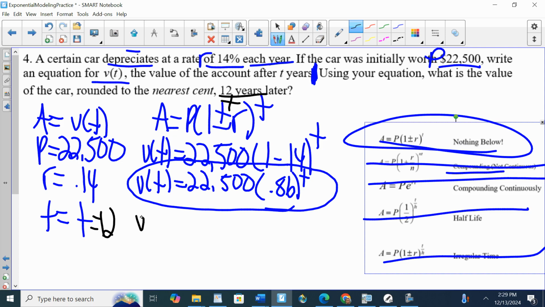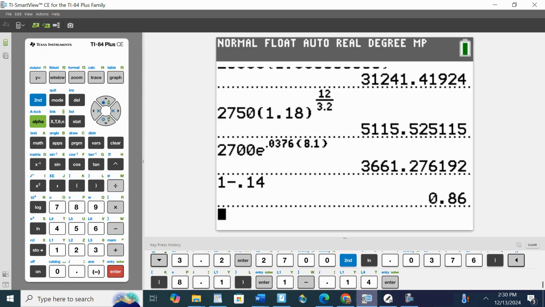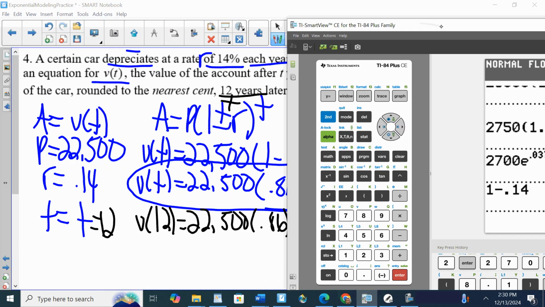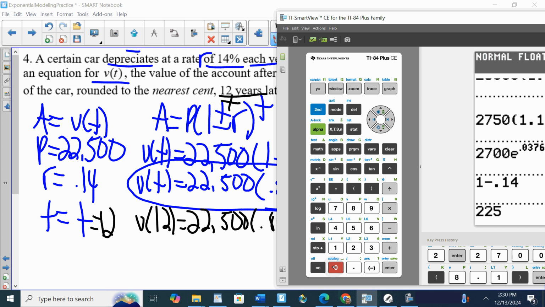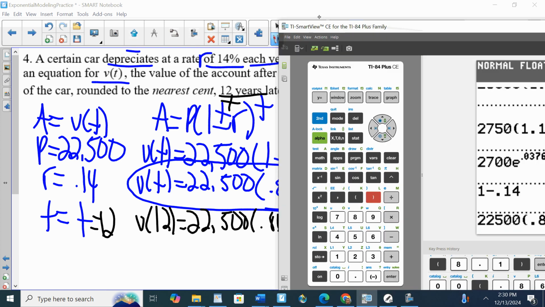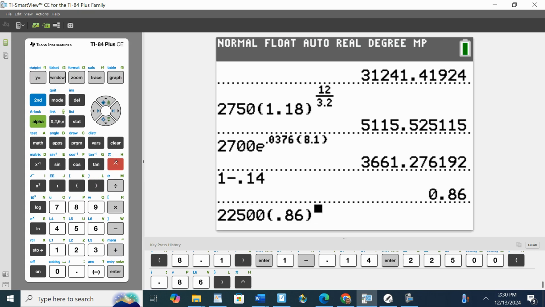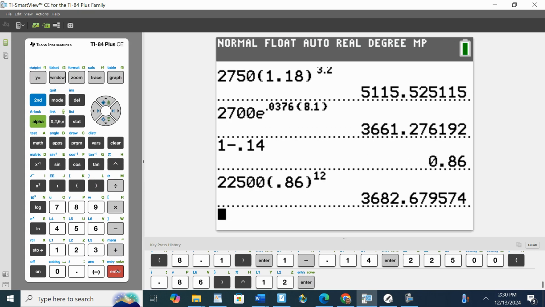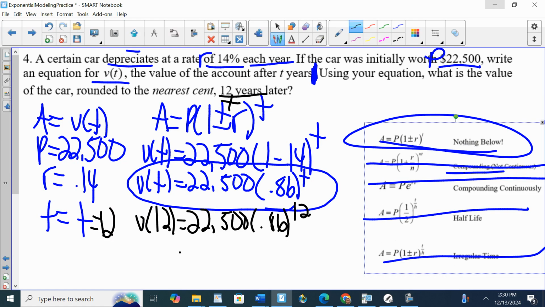So now I'm going to replace t with 12. 22,500 times 0.86 to the power of 12. Money sign, 3682.68.